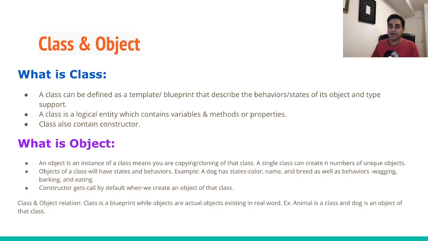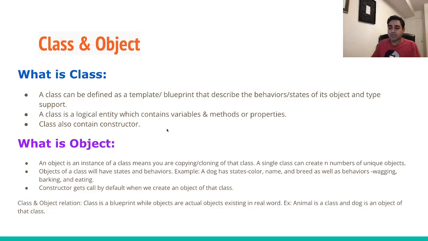So the class gives you an ideal structure, and an object is a real copy of your class. The class gives you some behavior, some idea, and from there you make an object. You can make as many objects as you want based on your class, okay?